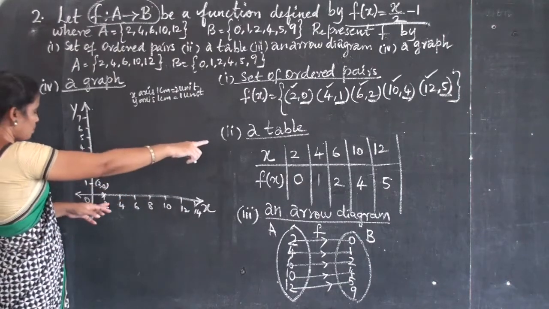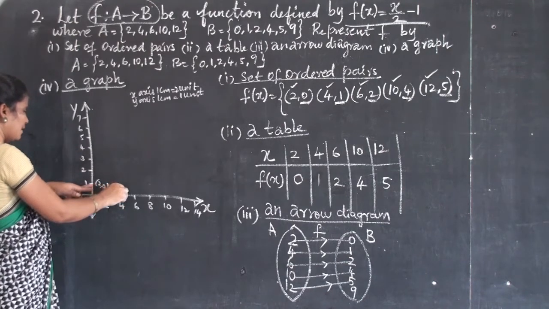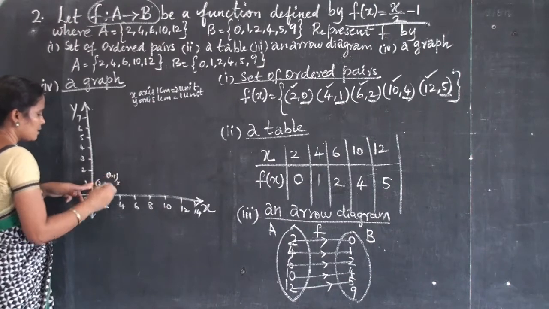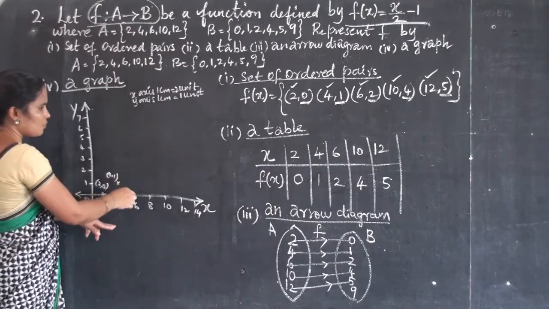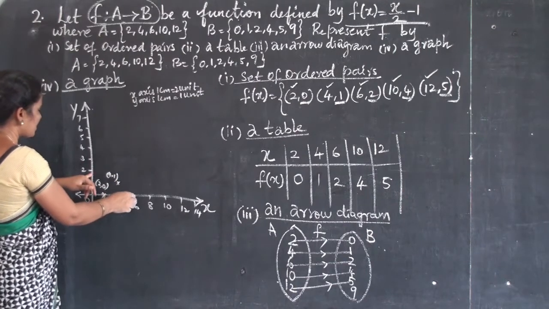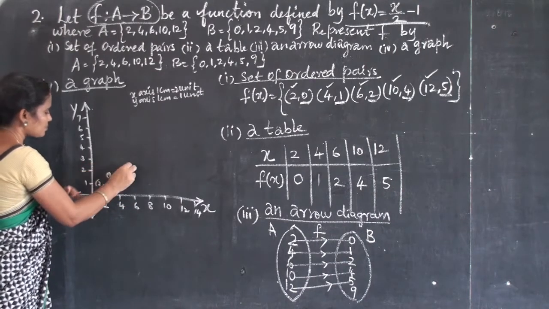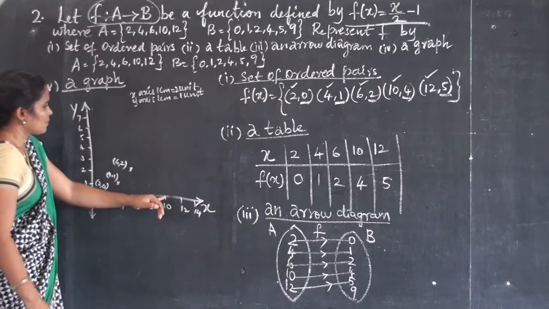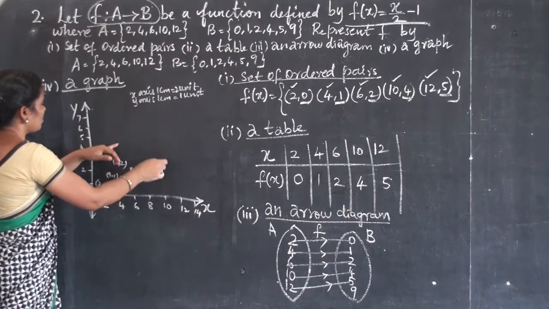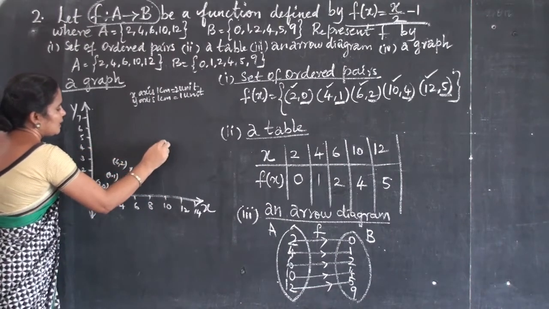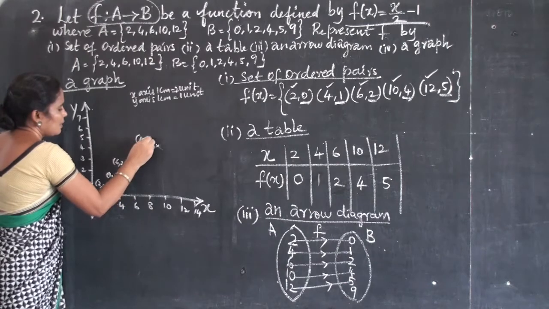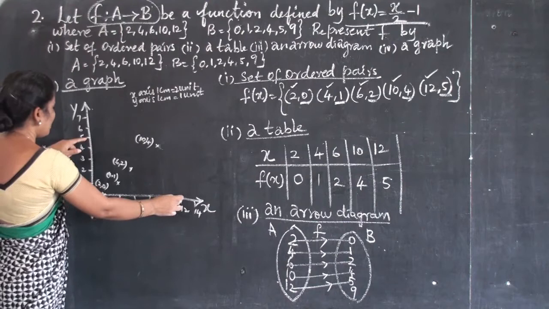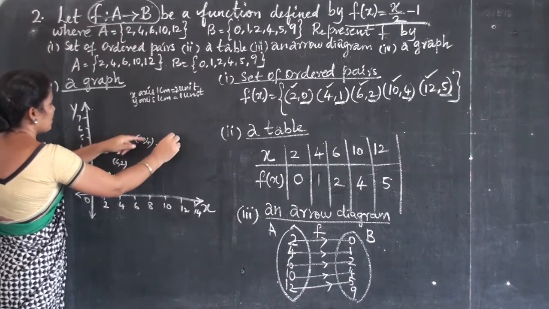Then for 4 it is 1: 4 comma 1. For 6 it is 2: 6 comma 2. For 10 it is 4: 10 comma 4. Then for 12 it is 5.